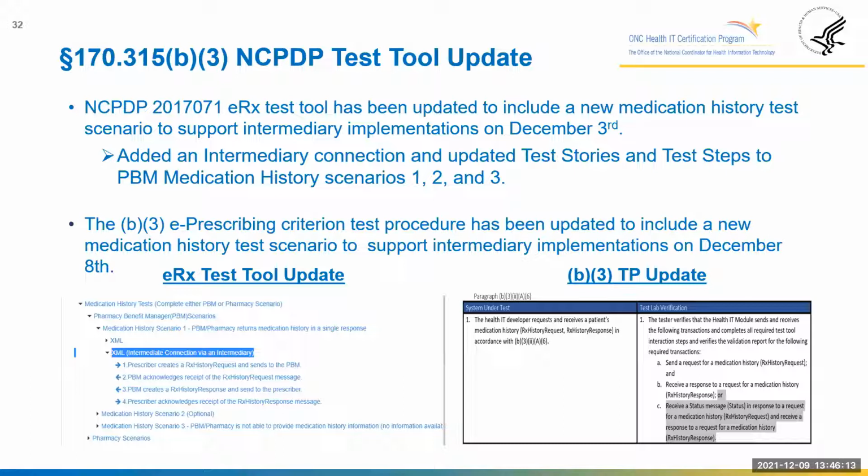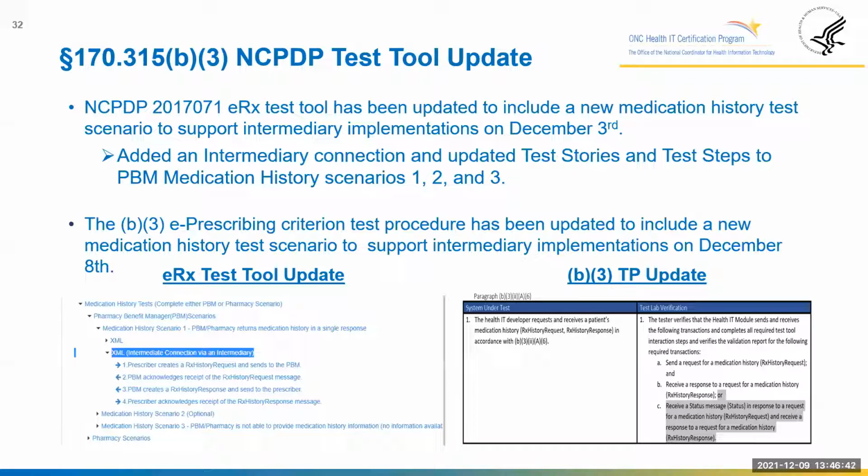The newly added flow for the PBM medication history test scenarios through an intermediary includes prescriber creates and sends Rx history request to the PBM via an intermediary. And then PBM responds with a status message to the intermediary, and then through the intermediary to the prescriber to acknowledge the receipt of the request message.